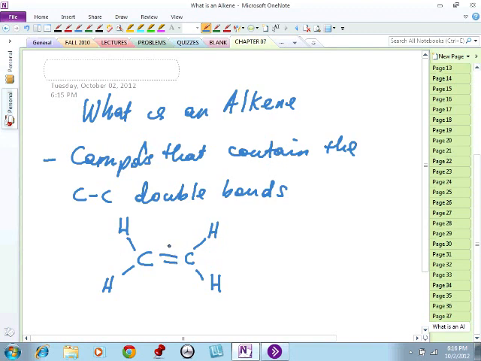In the carbon-carbon double bond you have a pi bond, and then you also have a sigma bond. And all of the carbon-hydrogen bonds are sigma bonds. Sigma, sigma, sigma, sigma, and then one sigma between the two carbon atoms, and then the pi bond between the carbon atoms also.